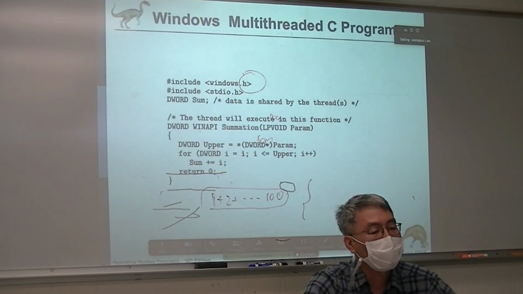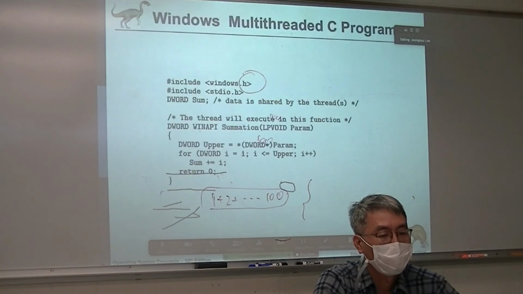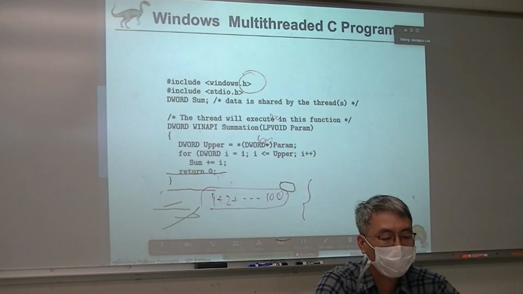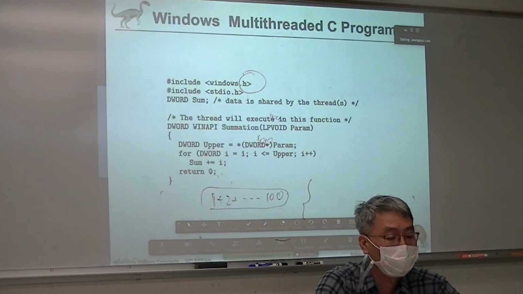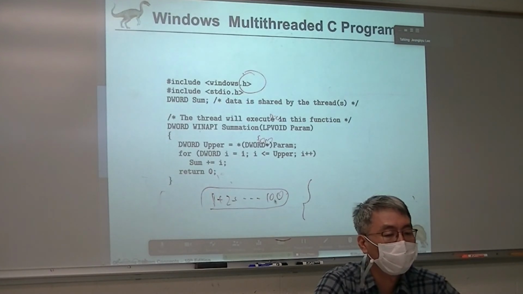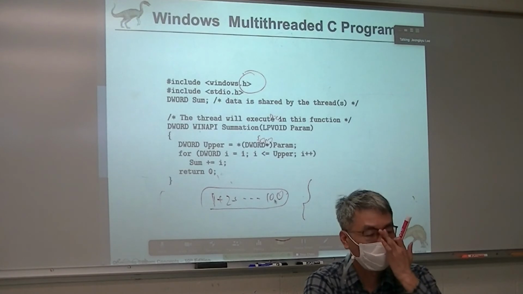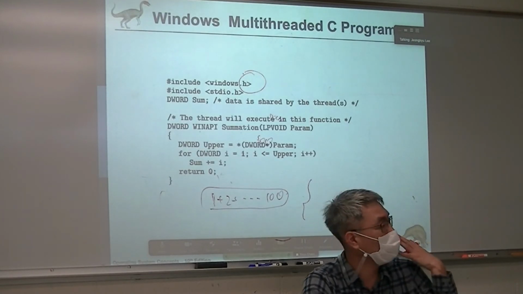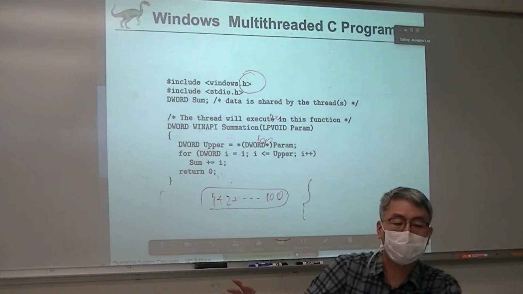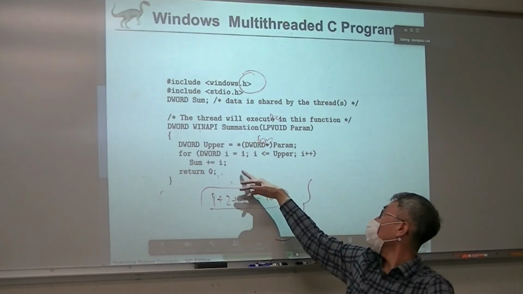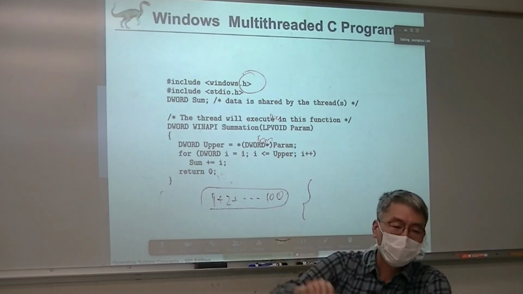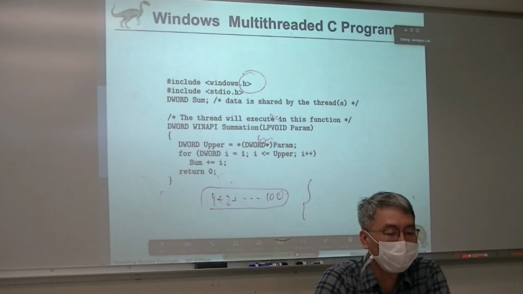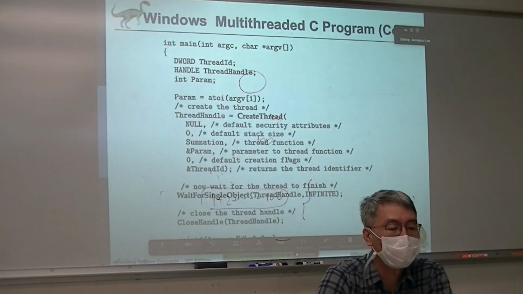Windows is a different one. So this is Windows programming. It's exactly the same algorithm. It's a summation: we'd like to do the summation up to the upper value.